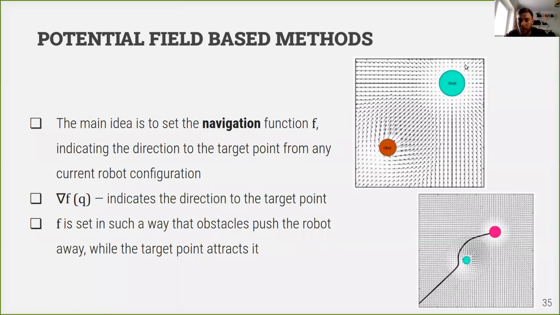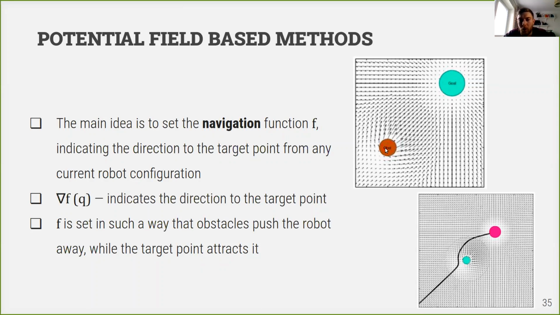So for example, if there is a goal, to move to the goal from this point, we have to move upwards and our potential field will direct upwards. You can see that if there is an obstacle, our potential field will show the way around the obstacle to move to the goal, which is logical, right?